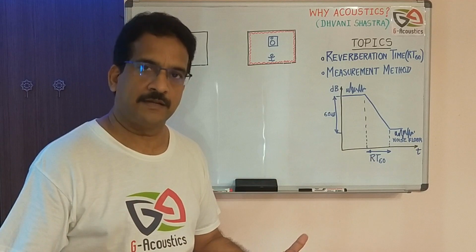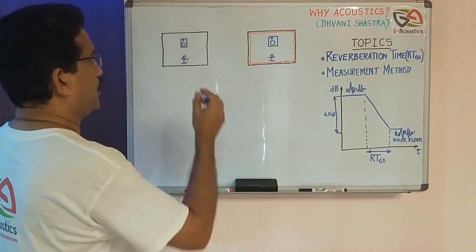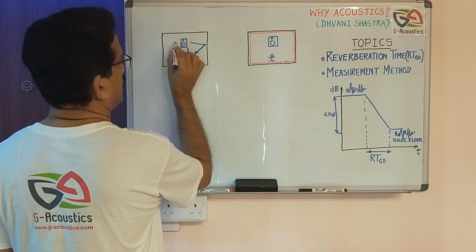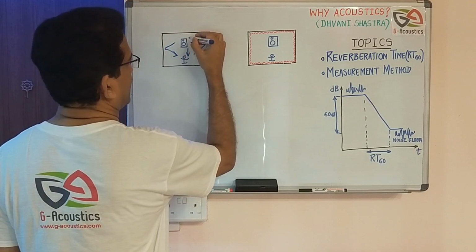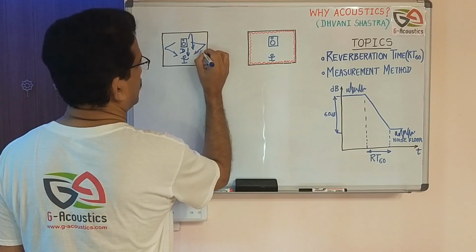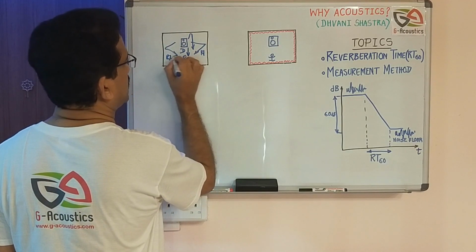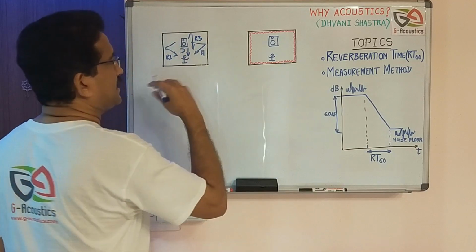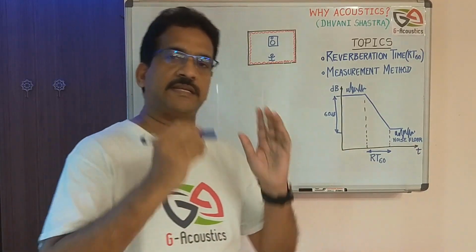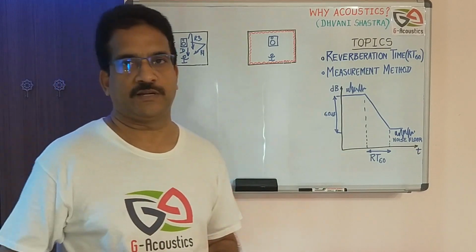You will hear not only the direct sound but also a lot of reflected sound, coming reflecting off different surfaces. So there is the direct sound, and reflected sounds R1, R2, R3, multiple reflections based on the single sound that was generated.